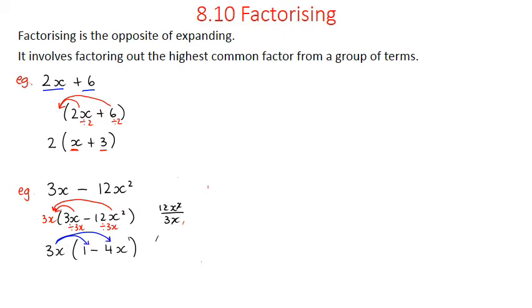So 3x times 1 is 3x, and 3x times negative 4x gives us negative 12x squared. So notice that when we expanded it back out, our answer matched the question, which tells us that we did our factoring correctly. Let's try a few more.